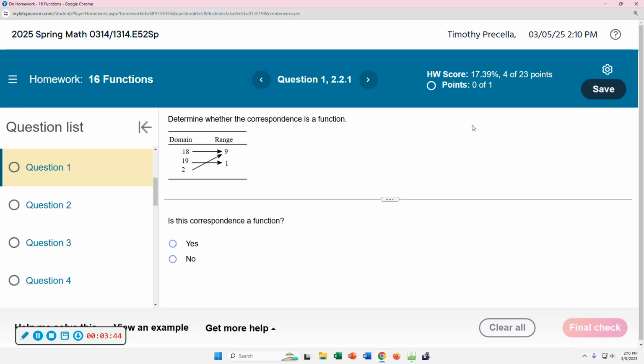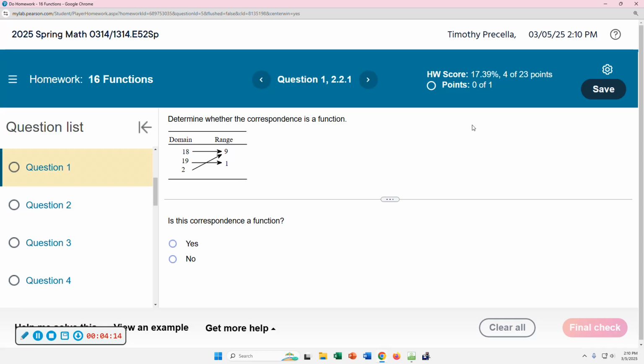Determine whether this correspondence, so they say correspondence, I said rule, is a function. Let me write that down. I'm going to draw this domain, range. Looking at this illustration, it looks like the x value 18 is being assigned the number 9 as its y value.